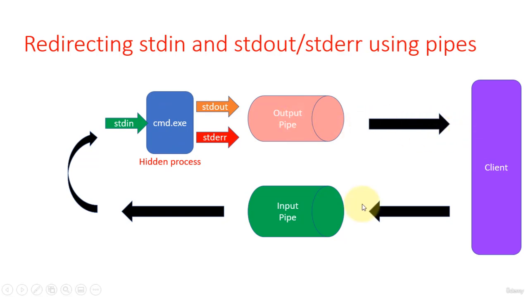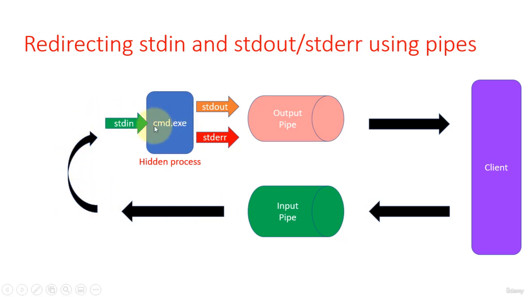In the same way, all the input from the client will be channeled into the input pipe and redirected to standard in. Whatever the user types on the client here will be sent to the input pipe through a socket, port 4444 or 5555, whatever, and that input pipe will then push it into the standard in.